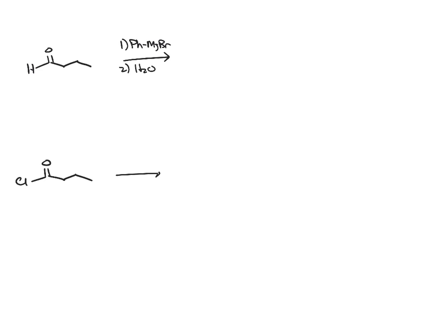Hopefully most of you are pretty good on this part, but the question was basically why, with this type of problem, the Grignard only adds once, whereas in this type it adds twice.